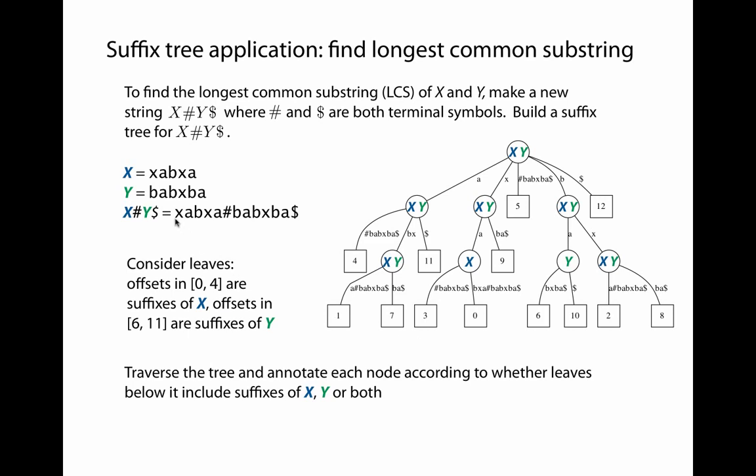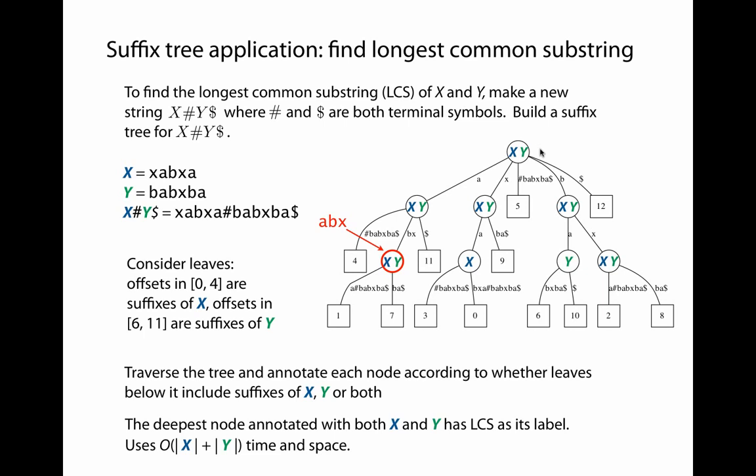So in this case, that's the length of x plus the length of y plus 2. But basically, we can do that in order length of x plus length of y time. Then we did this depth first traversal to annotate all these nodes, but that again is also order length x plus length y. So overall, we used order length x plus length y time and space.